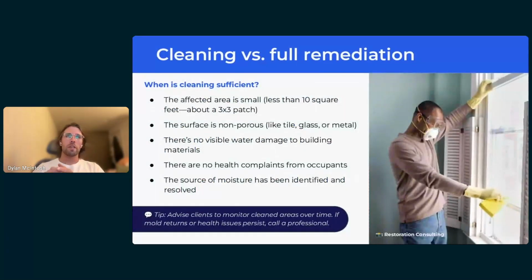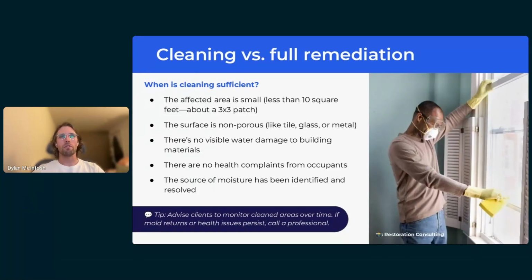Generally speaking, the EPA and other organizations suggest that areas of less than 10 square feet can typically be cleaned with general methods. They assume that level of growth is small enough that a general handyman or homeowner can tackle it with the correct methods, and we'll talk about that here.